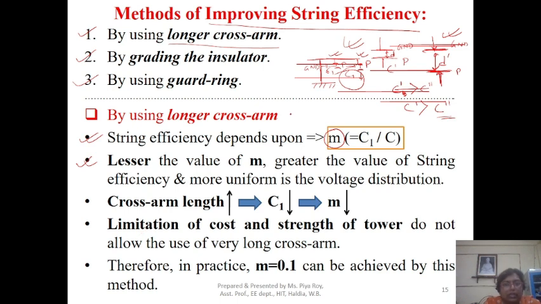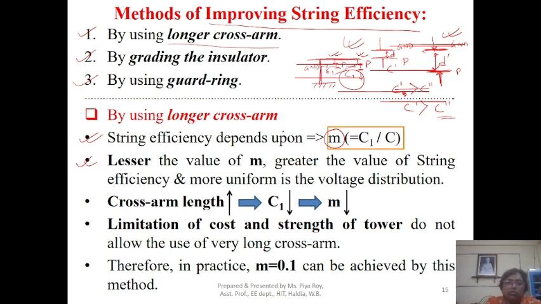Now, we cannot increase the cross arm according to our wish, making it longer and longer. That is not possible. First, it is not mechanically stable. If we wanted to increase the cross arm to a length almost equal to or more than the height of the tower, that is not possible; mechanically it becomes unstable.